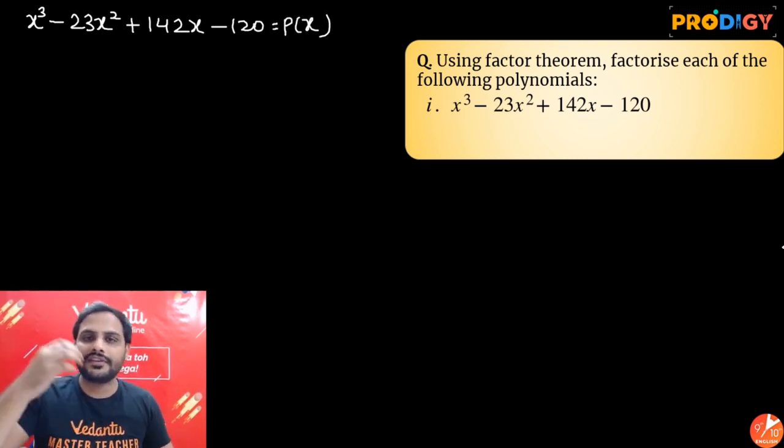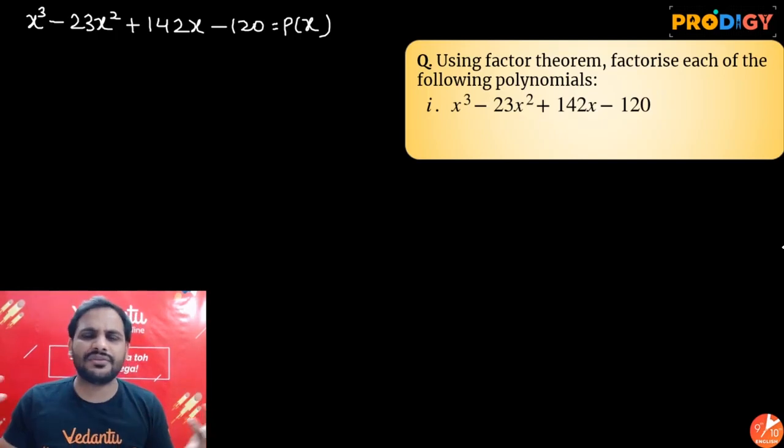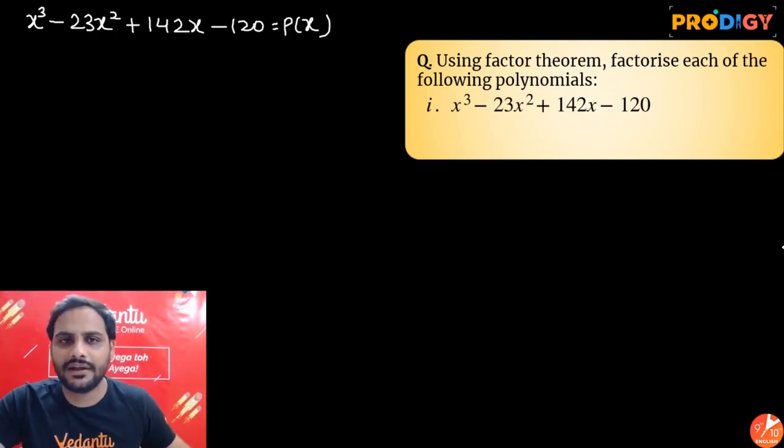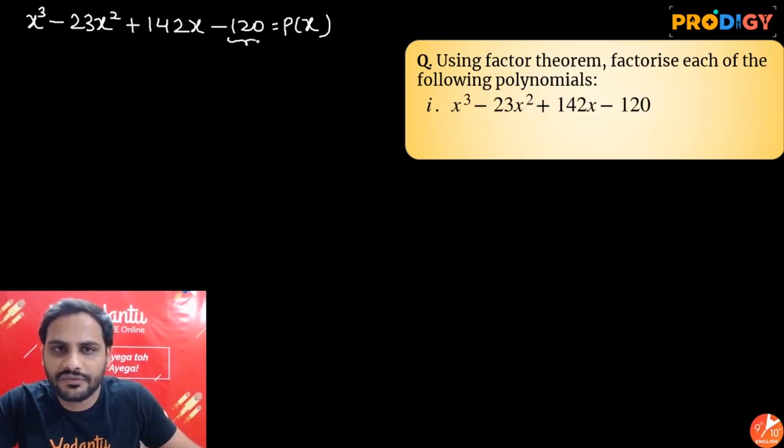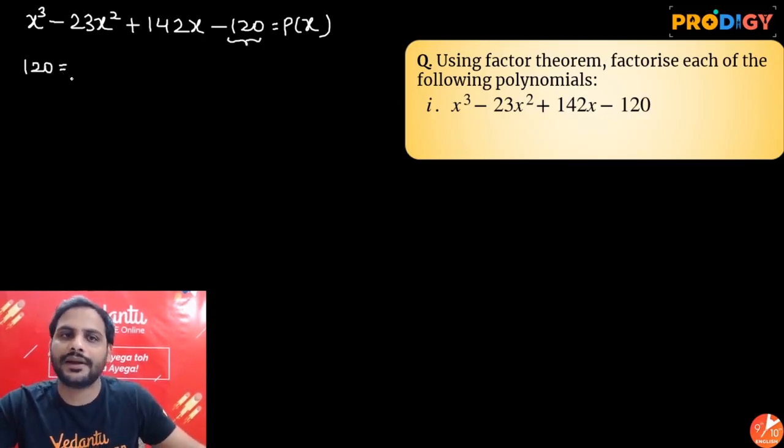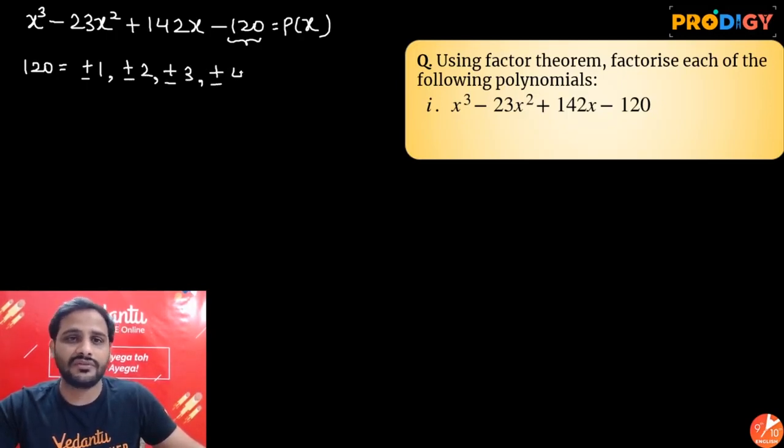We will try different values of x. What different values of x will we try? The constant term here is 120. So write all the factors of 120. Plus minus 1, then plus minus 2, plus minus 3, plus minus 4 will also work, plus minus 5 will also work, plus minus 6 will also work, plus minus 8 also will work, and this way there are many.